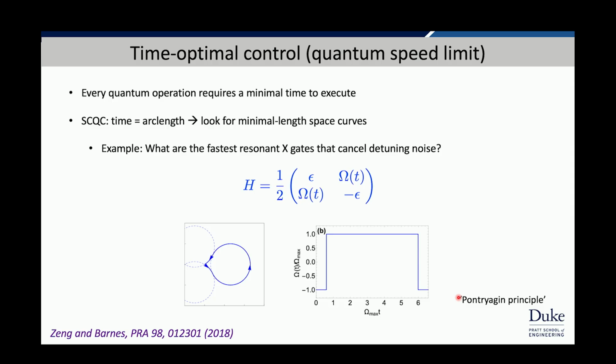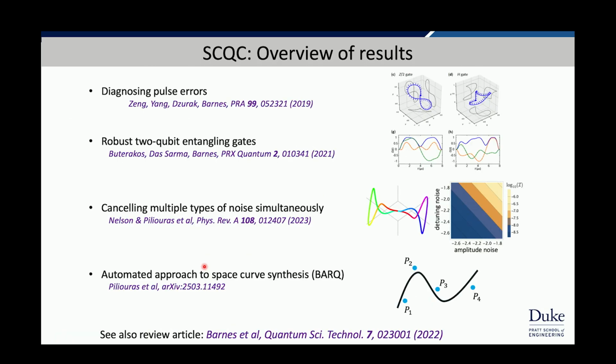You can actually calculate the speed limit of a pulse that cancels detuning error to first order, like how fast can you do it and still get an angle. What's nice is the angle of the gate you actually do comes from this little cusp here. You can apply all these things to 2-qubit gates and multiple types of noise simultaneously. There are cool tools using synthetic robots to automate things.